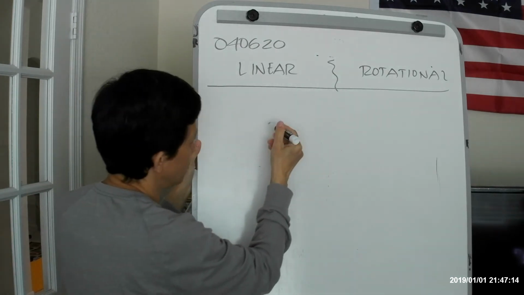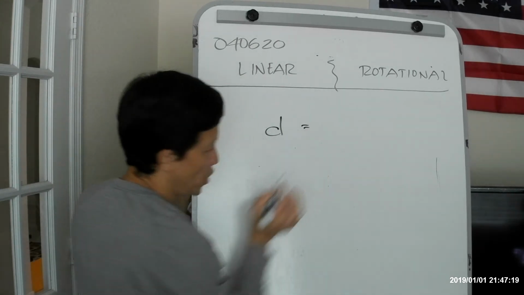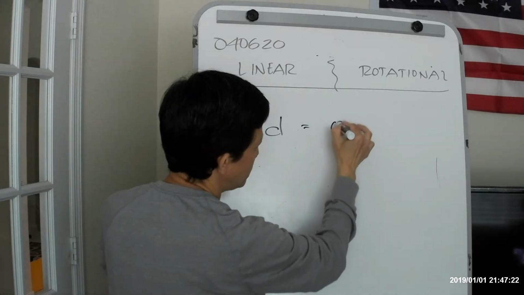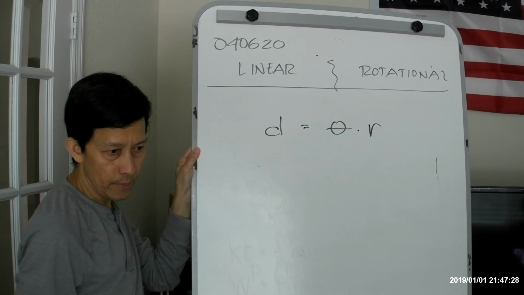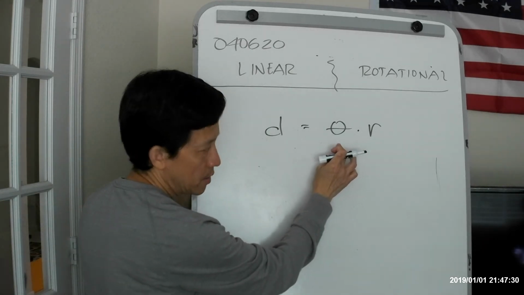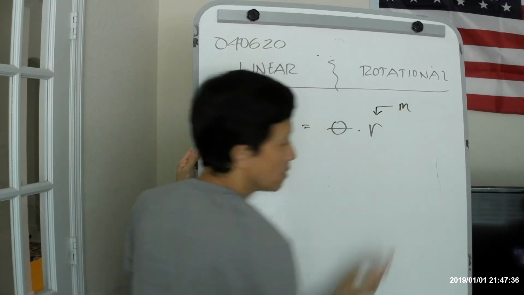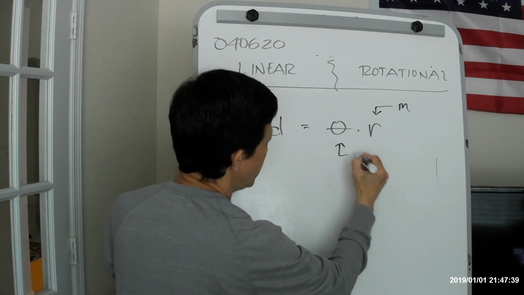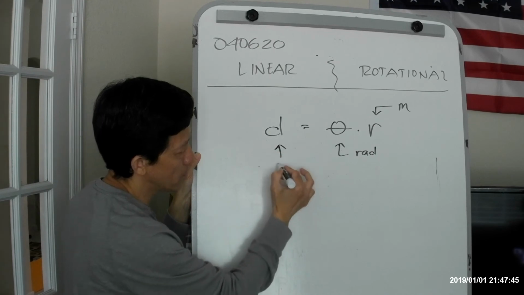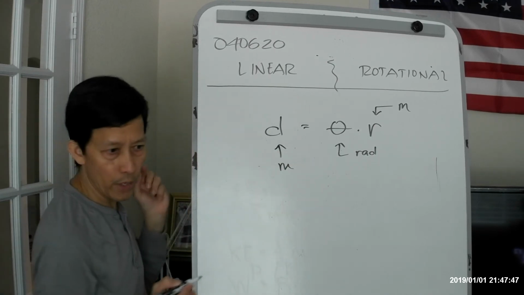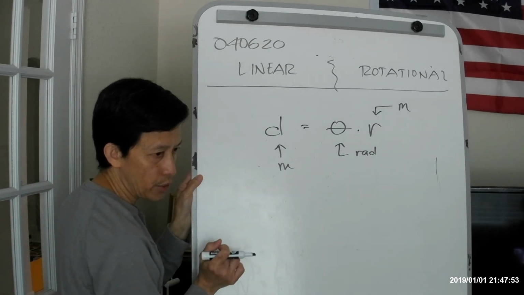Your displacement d: whatever your theta is, in radians, multiply it by the radius of your circle. This one is in meters, this one in radians. So you can convert it to displacement in meters. That's linear to rotational.